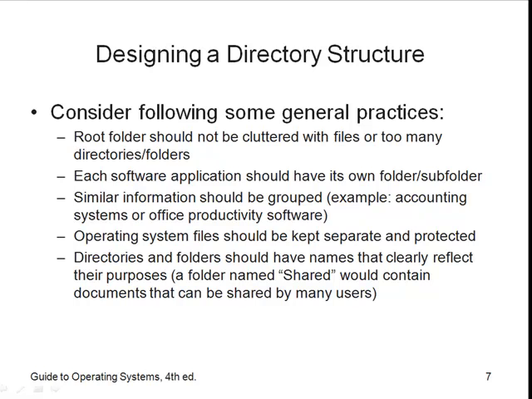And directories and folders should have names that clearly reflect the purposes of that particular data. A folder named shared would contain, of course, all the documents that could be shared by many users. And then in theory, those documents would be subcategorized in some manner. And that's a good thing.